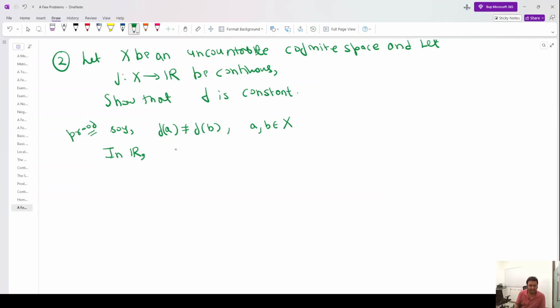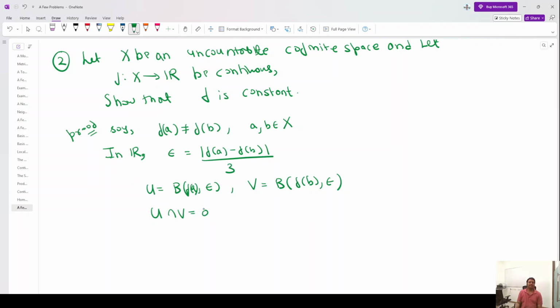You take epsilon to be mod f(a) minus f(b), divided by 3, and if you take U equal to the ball, with the usual metric, centered at f(a) of radius epsilon, and V to be the ball centered at f(b) of radius, again, epsilon, then the intersection of U and V is empty. Please show that. This just uses the triangle inequality.